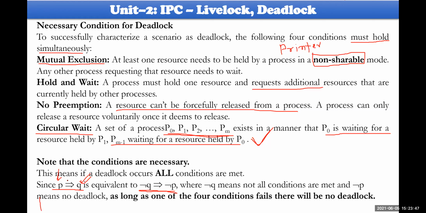Then if situation will be like this, negation of Q implied negation of P. What is that negation? So first scenario, active of P, then active of Q, ila unnattu first scenario.